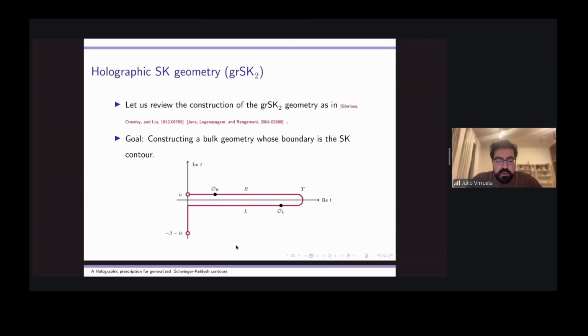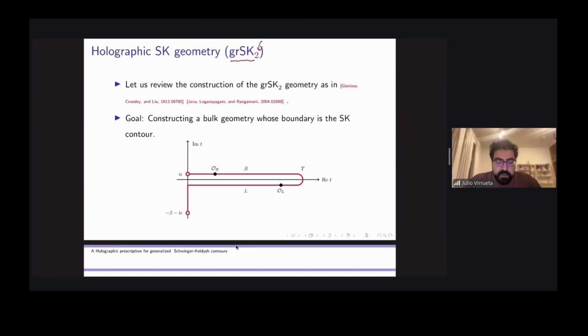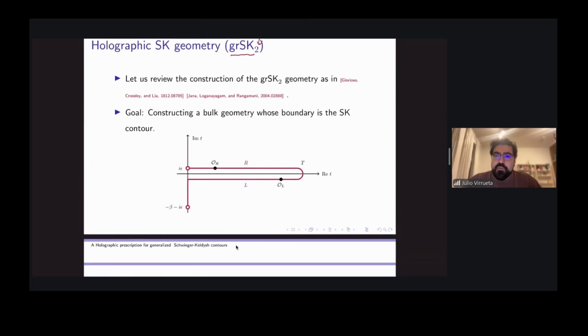Right? So as I said, the case of the normal Schwinger-Keldysh contour is known and is what is known as the gravitational Schwinger-Keldysh contour, GRSK. And here I introduce a 2 to distinguish it because I'm going to generalize this to many time folds, right? So let's review quickly how these gravitational Schwinger-Keldysh geometries work. Here, once again, I have my Schwinger-Keldysh contour.